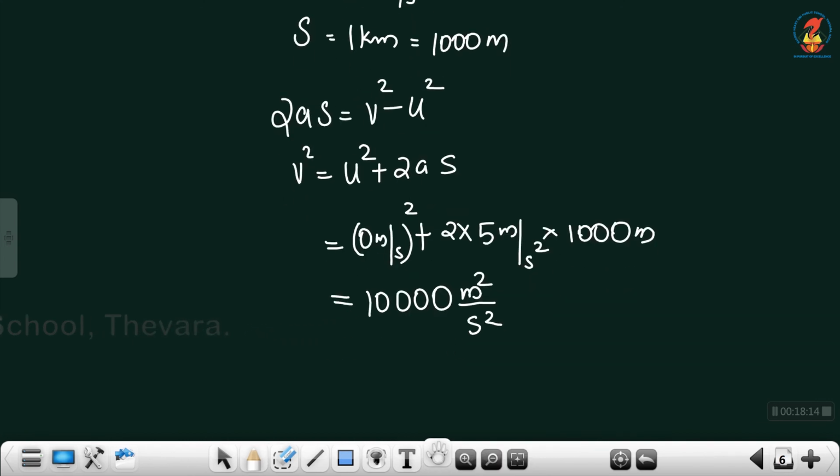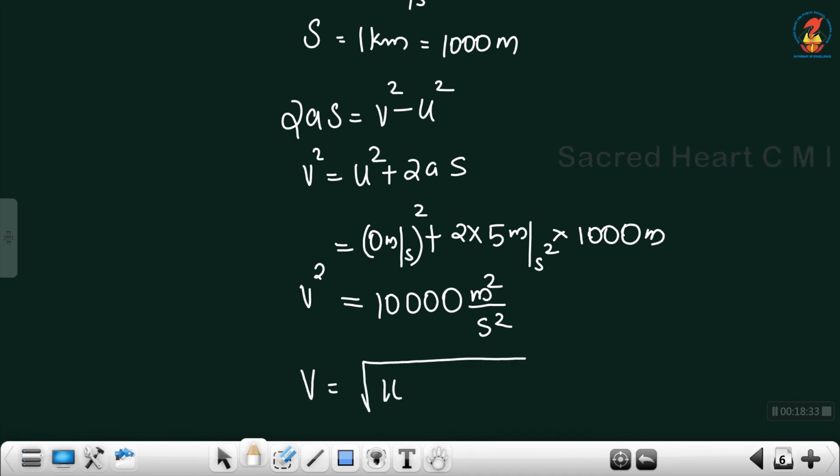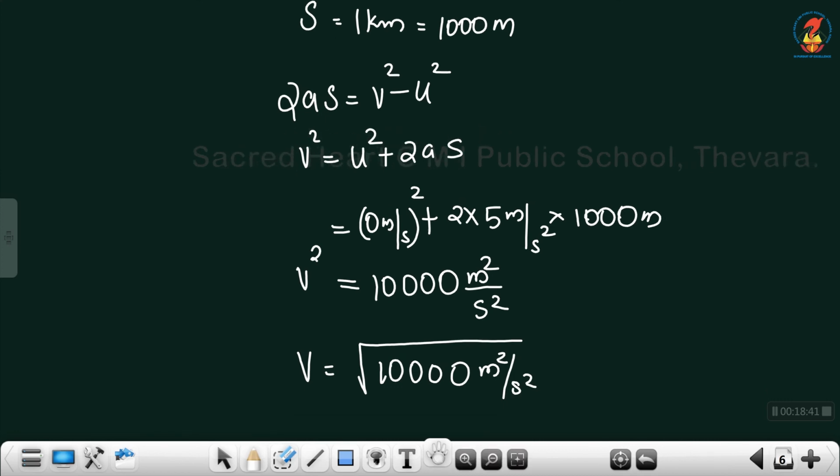Now, how will you find v? V square is this much. How will you find v? Take the root. So, v equal to root of 10000 meter square by second square. Now, how will you find the answer?